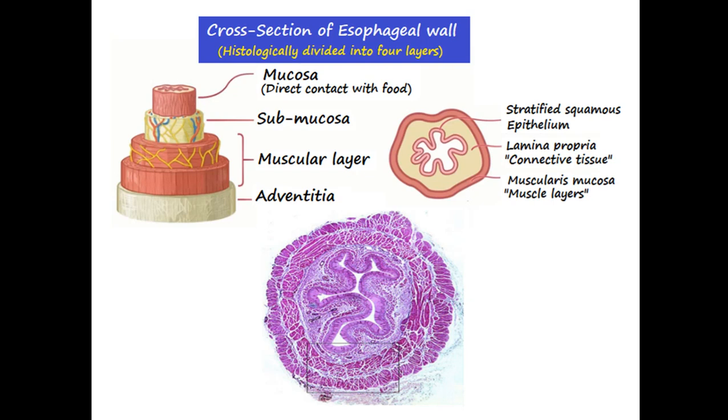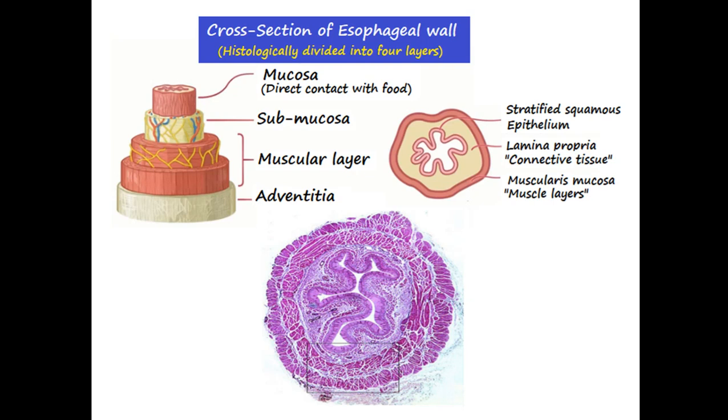However, it is very sensitive to the acids secreted in the stomach, and in conditions in which the acidic gastric contents are regurgitated into the esophagus, they can cause esophageal irritation and inflammation, which we see in conditions like gastroesophageal reflux disorder, or GERD, and Barrett esophagus, in which the squamous epithelium of the esophagus undergoes metaplasia and is replaced by the intestinal type of columnar epithelium.